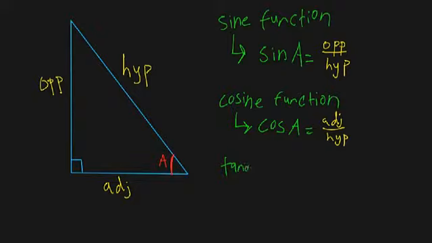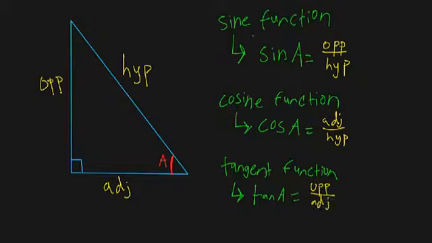Simple enough to remember. Let's make one more function, the tangent function, abbreviated tan of A. This is going to be the ratio between the opposite side and the adjacent side. These are just ideas.